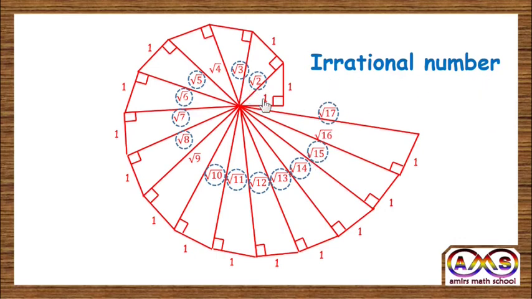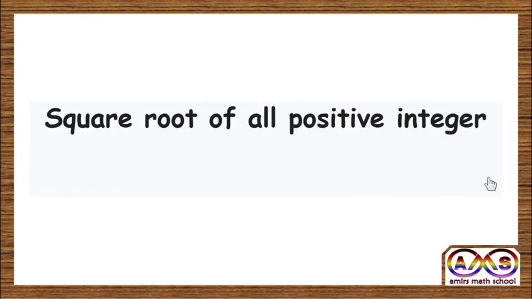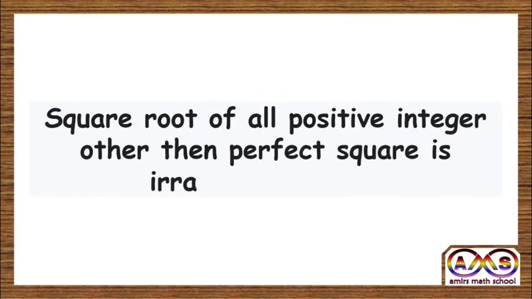Other than these, that is 1, square root of 4, square root of 9, and square root of 16, these are the positive integers in this case. The square root of all positive integers other than the perfect squares is an irrational number.